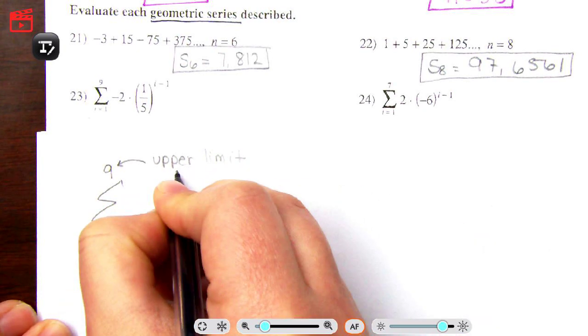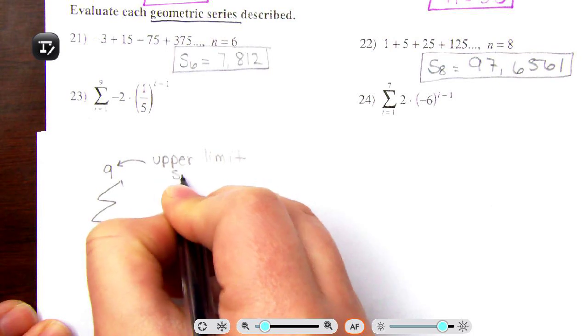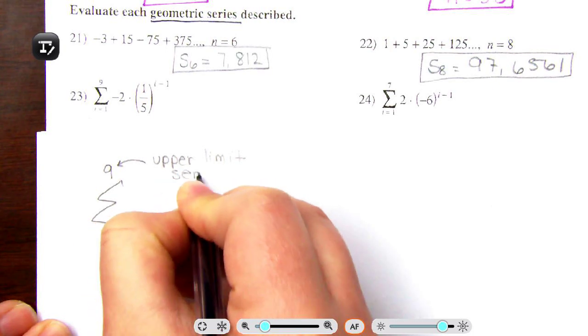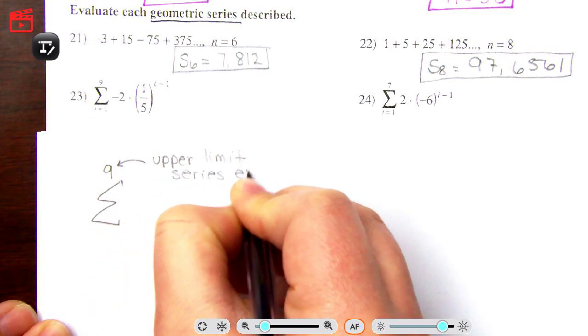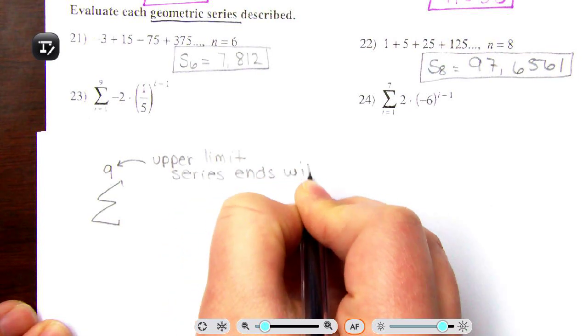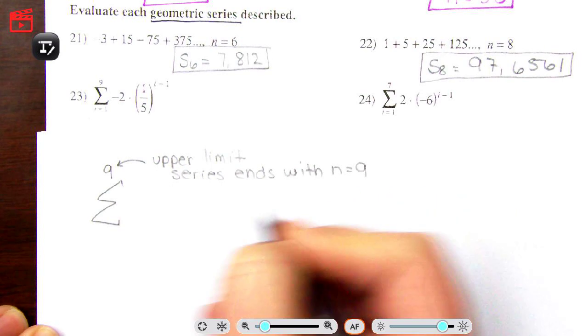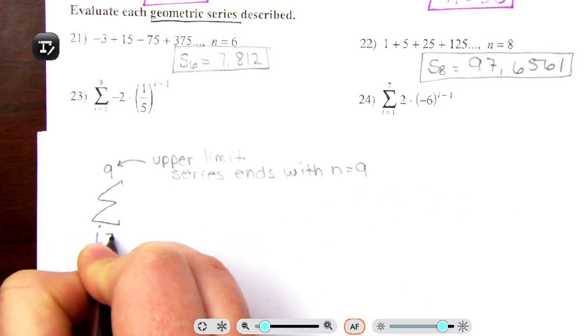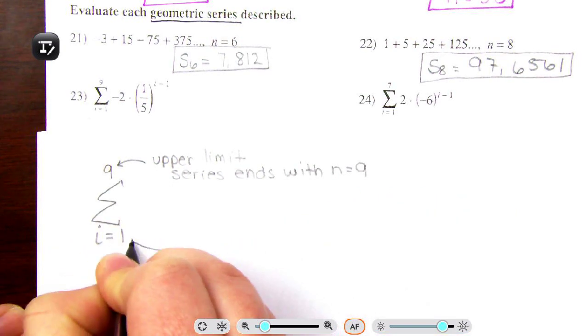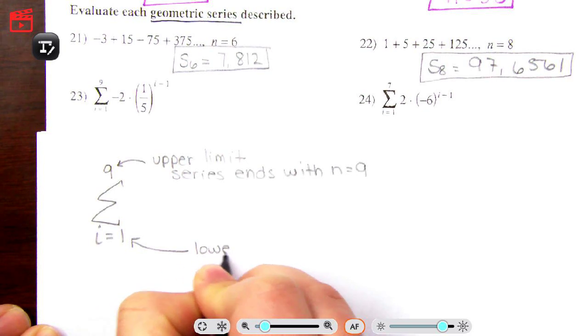So that means your series ends with this number. Now the bottom number, this is your lower limit.